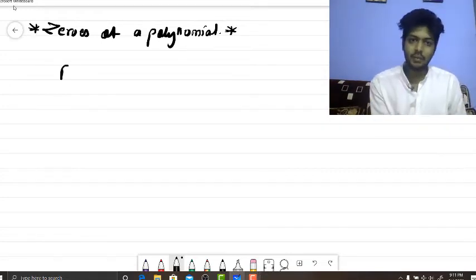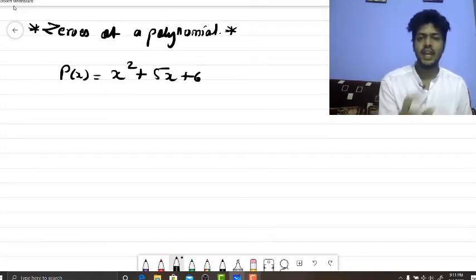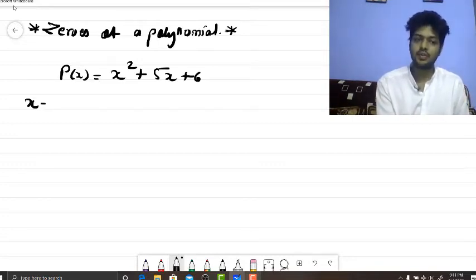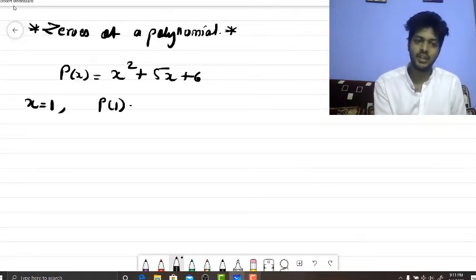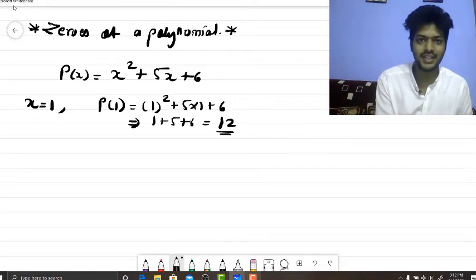Let's say I give you a polynomial p(x) equals x square plus 5x plus 6 and I ask you what's the value of this polynomial at x equals 1. You will put the value of x as 1 in the polynomial expression and find 1 square plus 5 into 1 plus 6, which is 1 plus 5 plus 6, equals 12. Pretty simple, right?